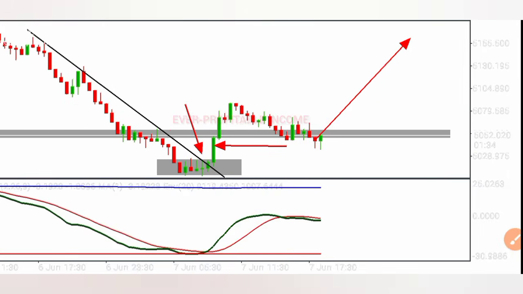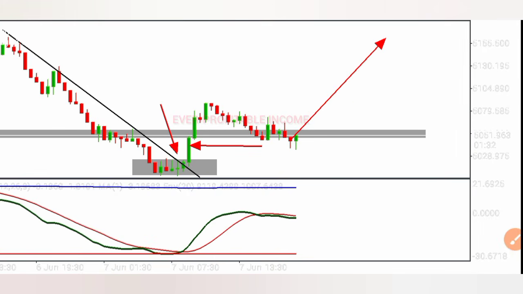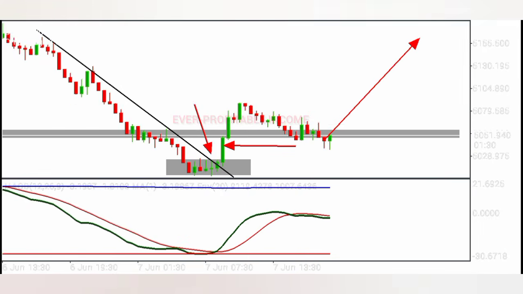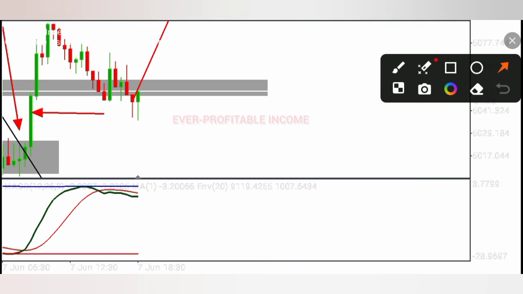Like I told you, price is going to come fill in this gap right here, and after that it will start trending up. And that is exactly what it's doing right now. If you notice at this point, you can see rejection candlesticks. That is the hammer signaling that price is about to start going up again.